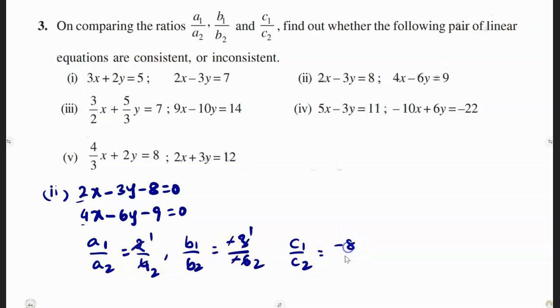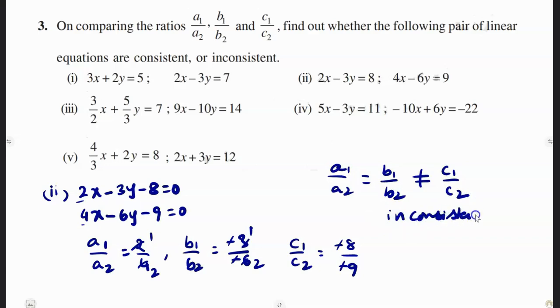The ratio of the constants, minus 8 by minus 9, is 8 by 9. So clearly a1 by a2 and b1 by b2 are equal but not equal to c1 by c2. Therefore, the equations are inconsistent.